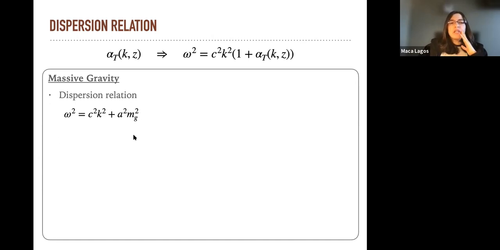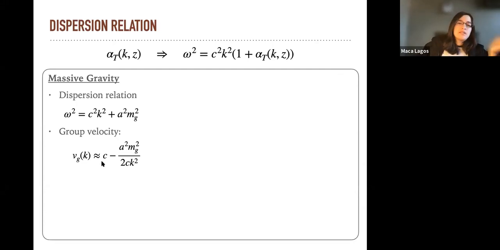With a dispersion relation like this, if you calculate the group velocity of the waves, you get something like this for small masses. The waves do not propagate at the speed of light c, but instead there is a modification that is k-dependent, meaning that this group velocity is dispersive.